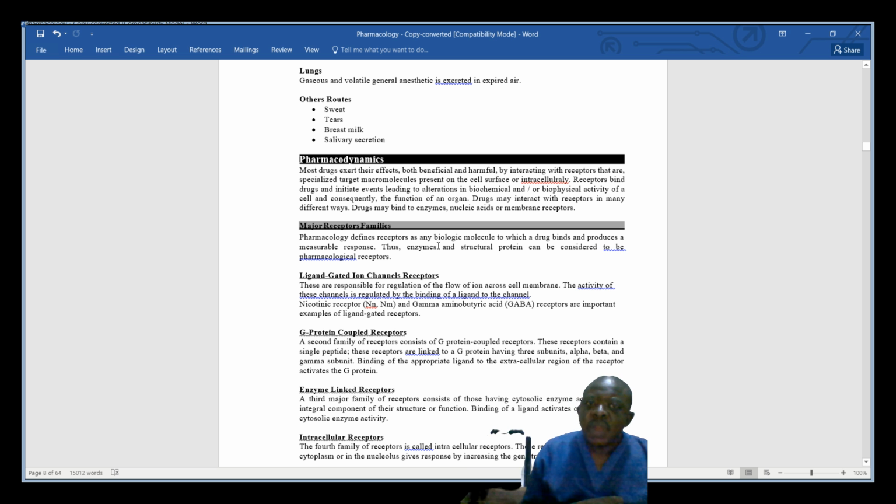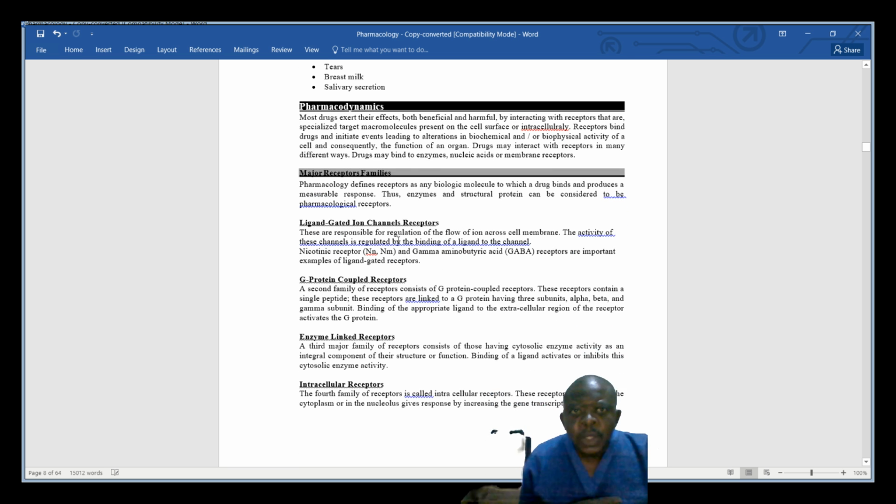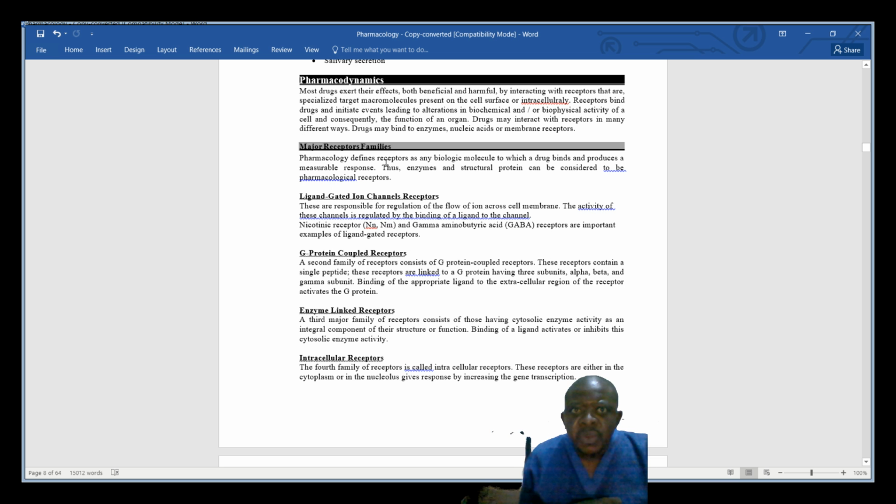So drugs, as we take them, may bind to enzymes, nucleic acids, like from the nucleus, or membrane receptors. So what are the major receptor families that we have in our body?